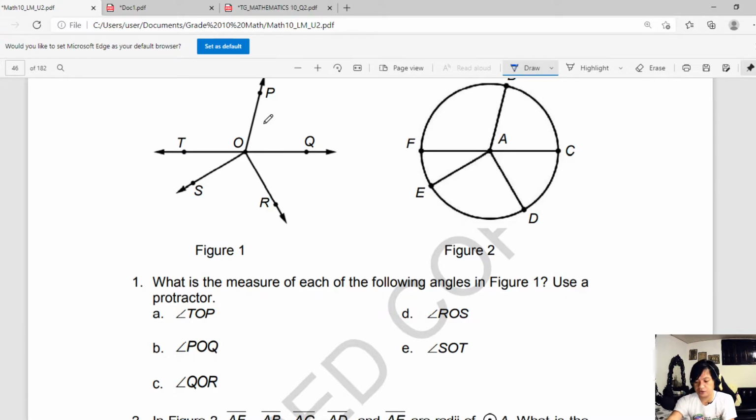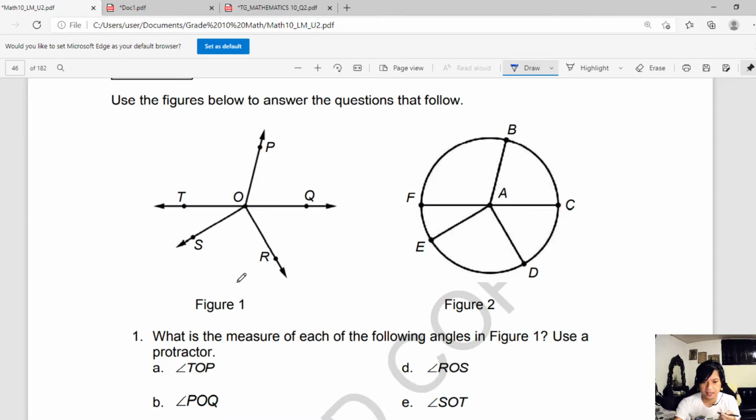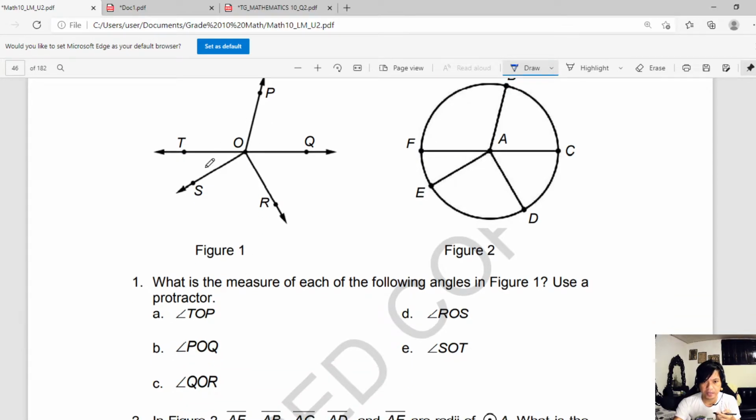So, the measure of the first angle, angle TOP. Kung gusto niyo double check, you can double check. Kung yung protractor ninyo is dito yung vertex, dapat dito yung center ng protractor, and dapat ito siya nakatapat sa 0.